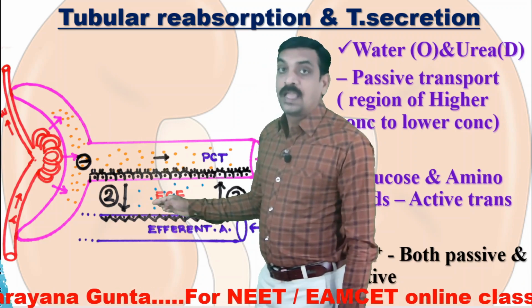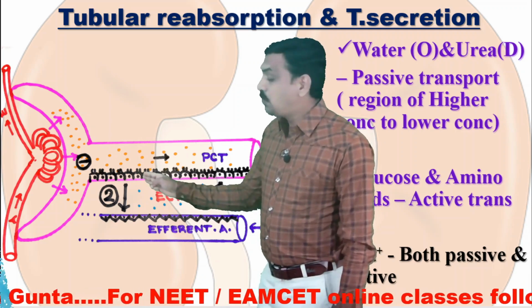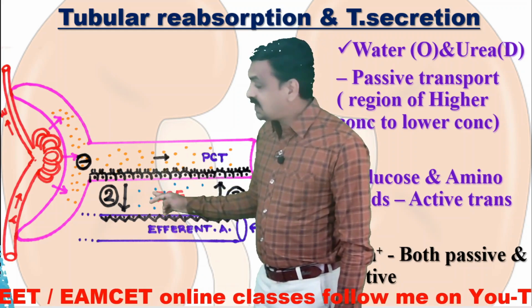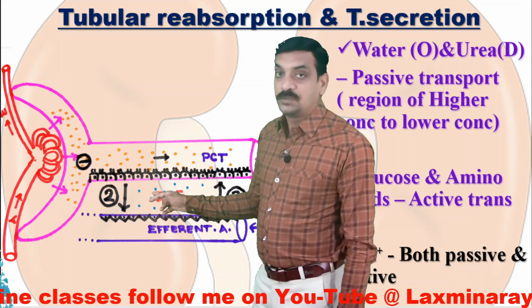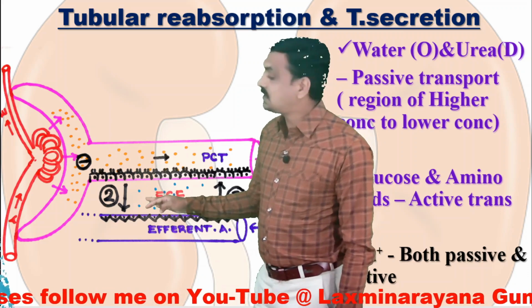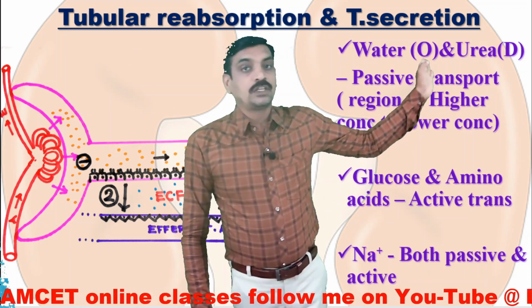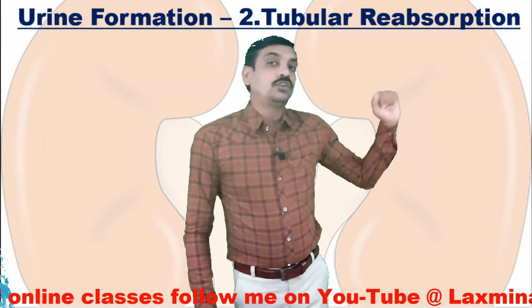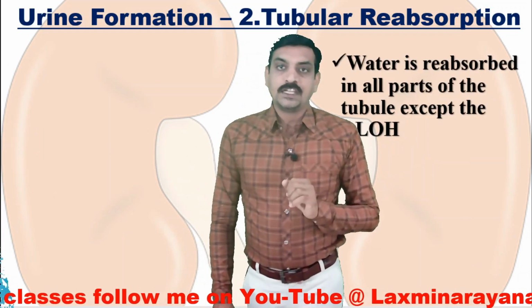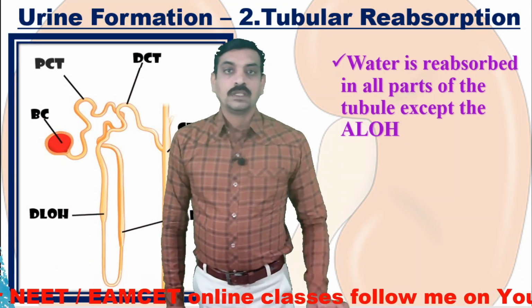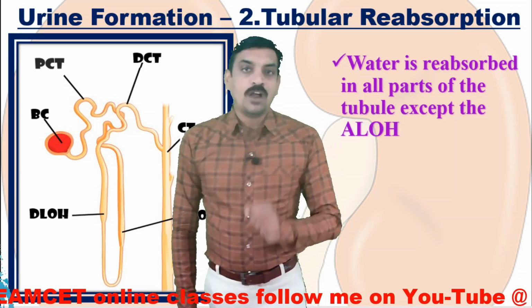This happens actively, means the movement of sodium ions from the epithelium to interstitial fluid consumes energy. That's why it is called active transport. Whereas water is reabsorbed in almost all parts of the renal tubule except the ascending limb of the loop of Henle.